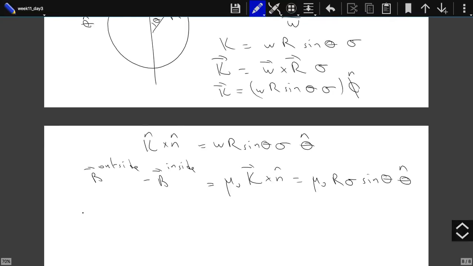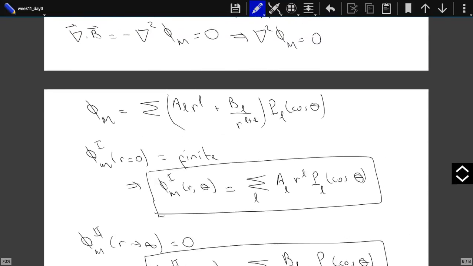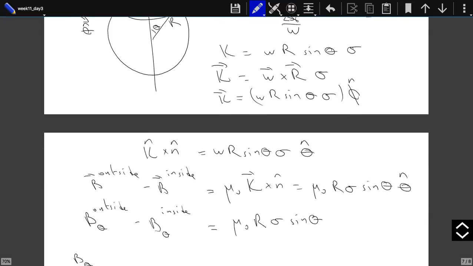So let's look at the theta component. B theta outside minus B theta inside should be equal to mu 0 r times sigma sine theta. Well, we already calculated phi in region 1 inside our sphere, in region 2 outside our sphere.